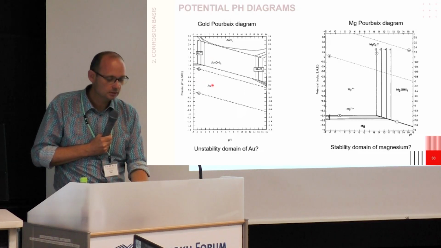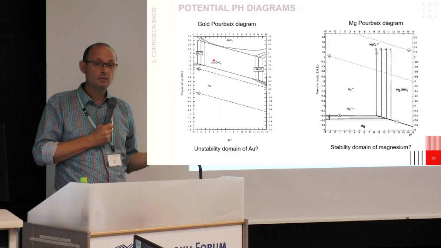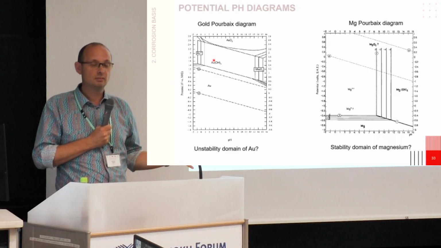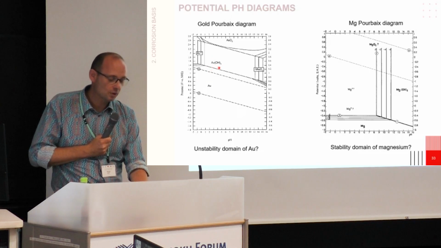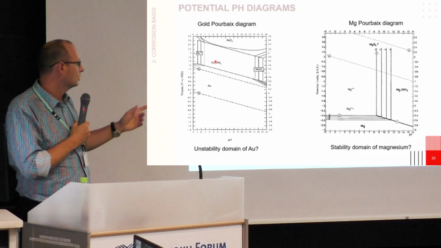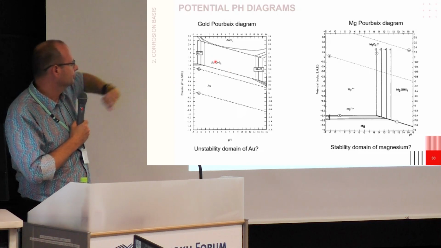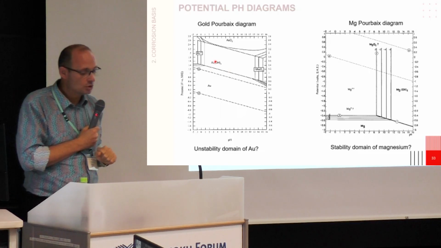So you are at an overpotential where the water molecule starts to be cracked, and it's easier to crack water molecules than to create gold hydroxide in the standard condition.